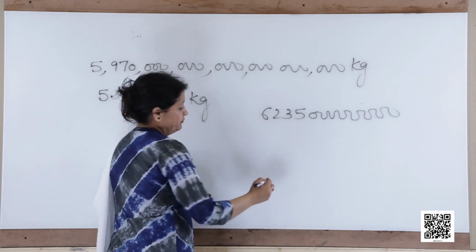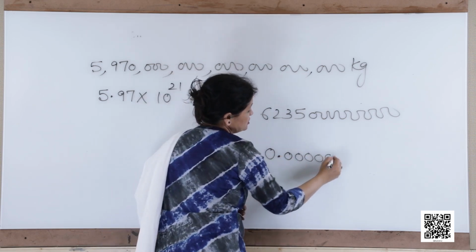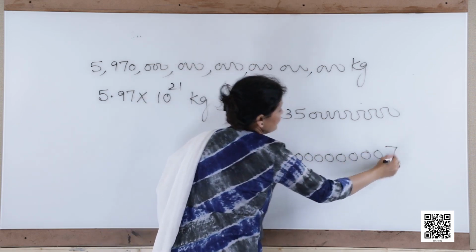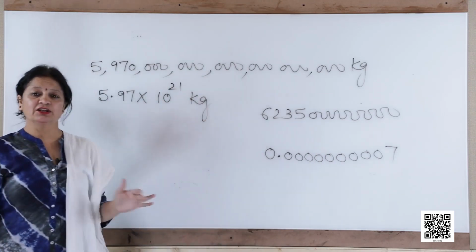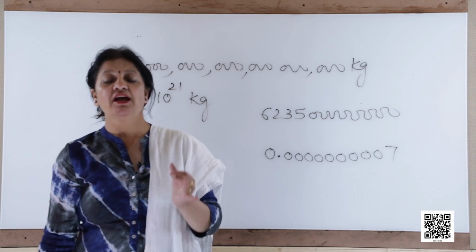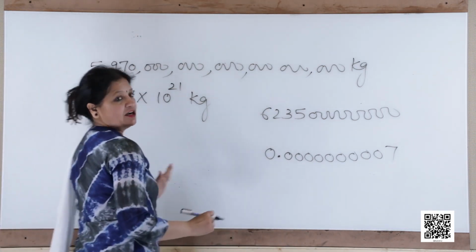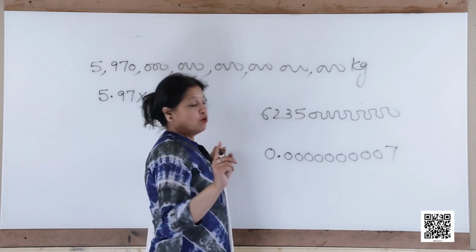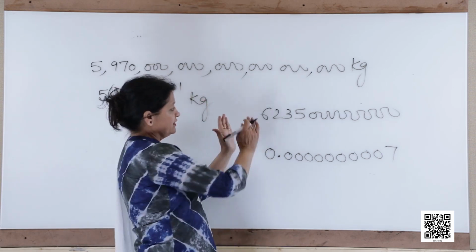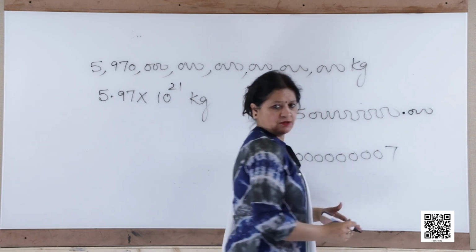And one example where we have 0.00000000007. These are the two examples. They said to write this in exponential form or standard form. Now, standard form means putting the decimal after the first number. Here the decimal is there, and after that are zeros.